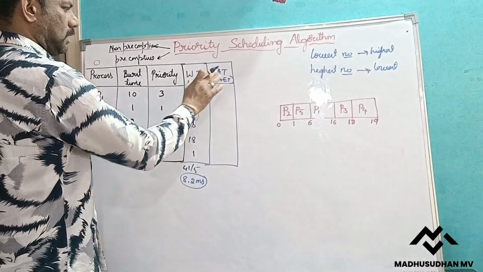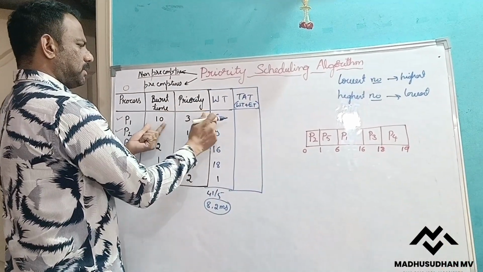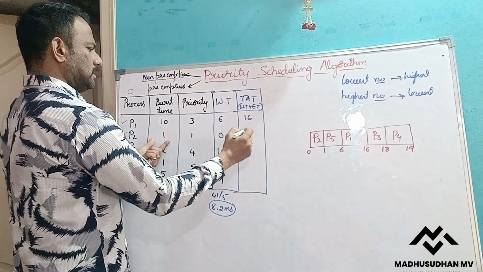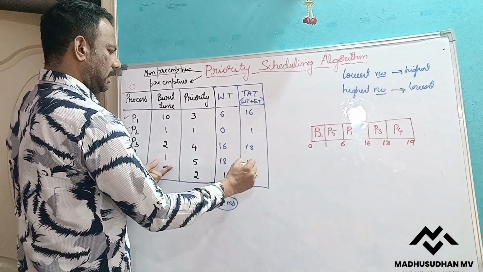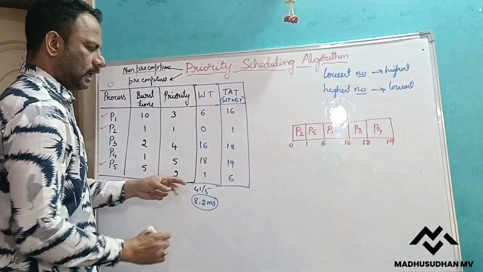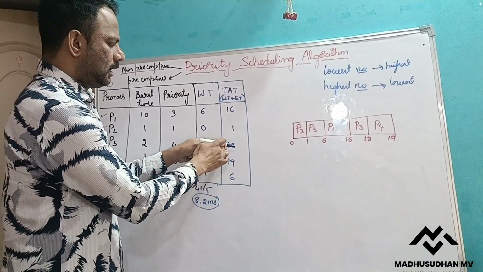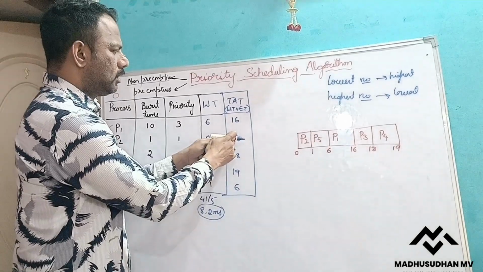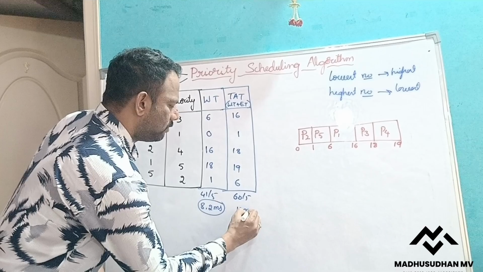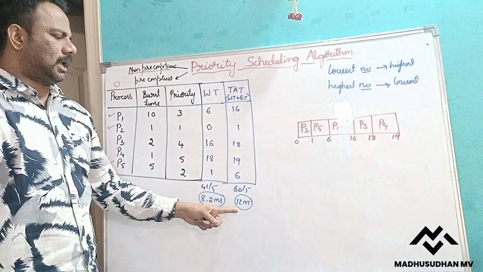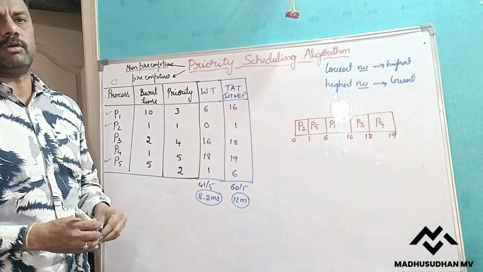Waiting time we already calculated. Adding up the turnaround times: 16, 1, 18, 19, 6 gives a total of 60. 60 divided by 5 is 12 milliseconds. Average turnaround time is 12 milliseconds for this non-preemptive priority scheduling.